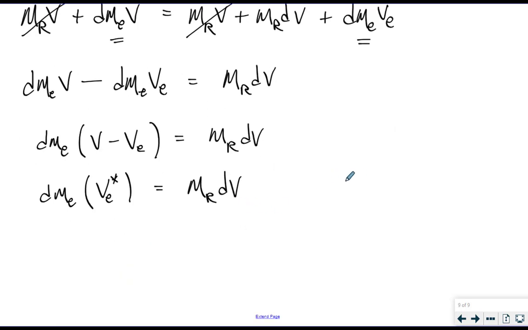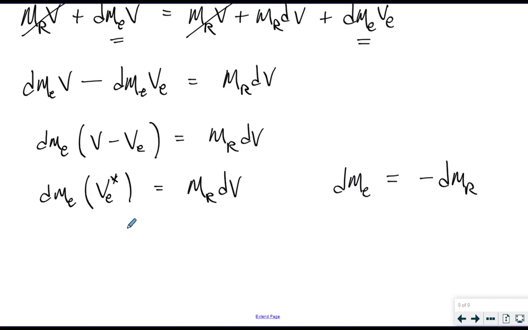So then what I could do at this point is say that that differential in the mass, that change in mass that's due to exhaust, that amount of change there is exactly opposite the change in the mass of the rocket, because the exhaust is what's leaving the rocket, reducing the mass of the rocket, and so the differential change in the mass of the exhaust is exactly opposite that differential change in the mass of the rocket.